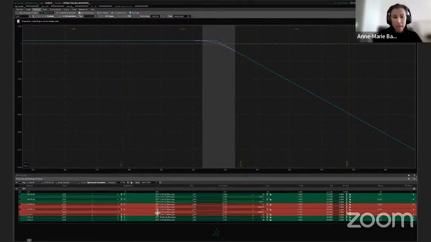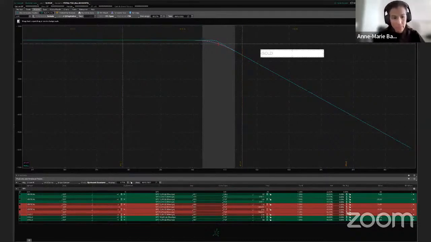Okay, so here is this motion of price action here, and the pink line is where we are right now. So what I've done, I'm going to write this down so you can see text. I have sold SPY 407 calls.